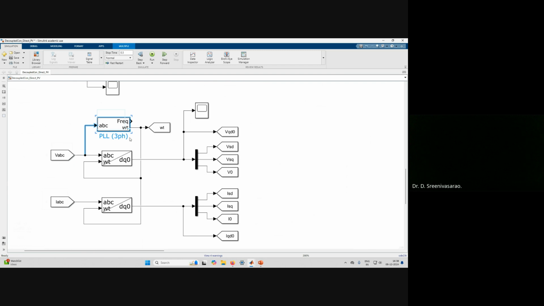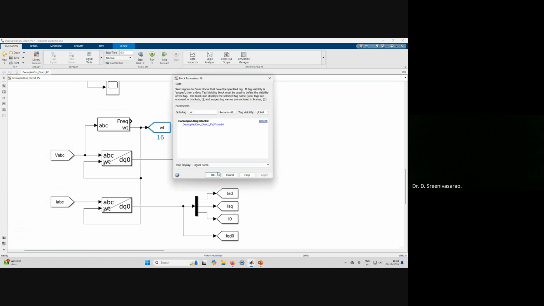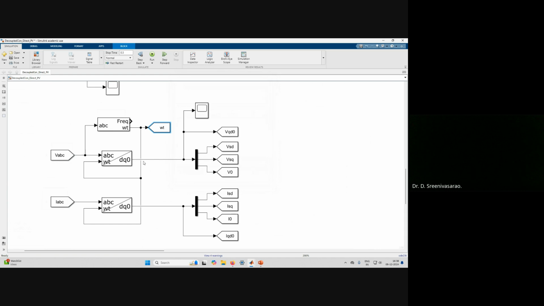This is a three-phase PLL, and from it you obtain this omega t, that is the synchronization signal. From the synchronization signal we can obtain the DQ0. So we got VSD, VSQ. V0 is equal to 0 under the balanced case, so this I0 is also 0. These two are the grid side voltages in the DQ reference frame, and these two are the grid side currents in the DQ reference frame. Understood?